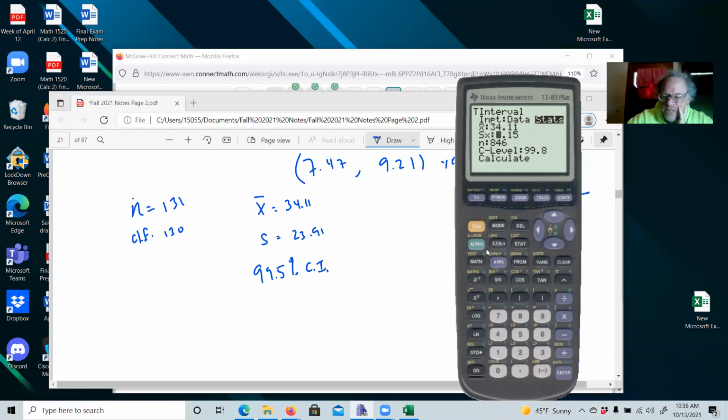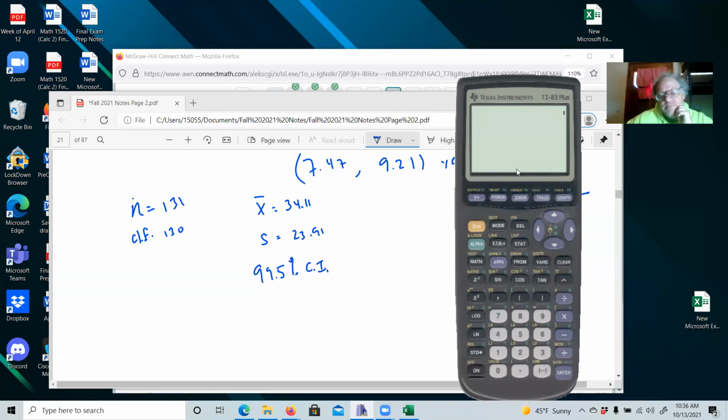Our standard deviation was 23.91. Still probably not the empirical rule, I don't think it's bell-shaped or anything like that. 131 sample size, and then my confidence level was 99.5. Don't forget to change this into a decimal. That's how you have to do it.